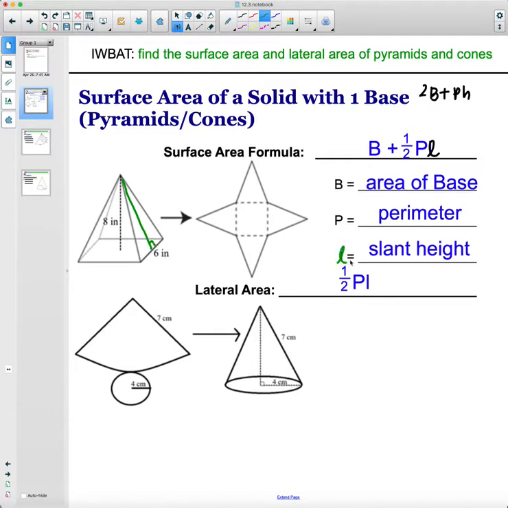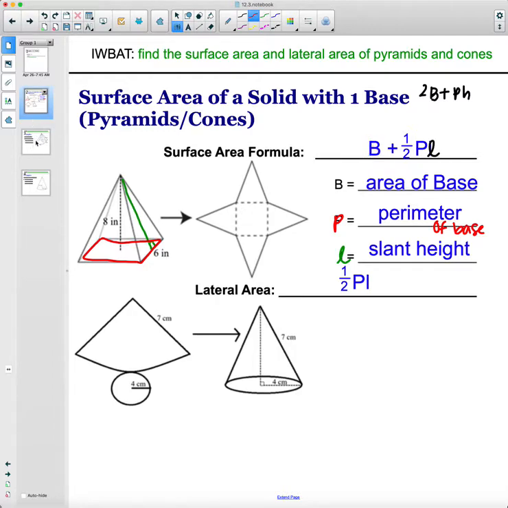So that's your slant height. Again, perimeter is going to be of the base, so the distance around this base. And then big B is the area of the base. So whatever shape that is. So remember, perimeter of the base. And then the lateral area is just without the bases. So you can literally take the surface area formula, cancel out the base, and you have the lateral area.